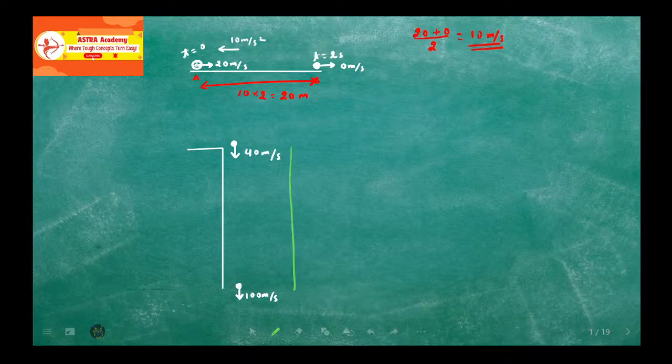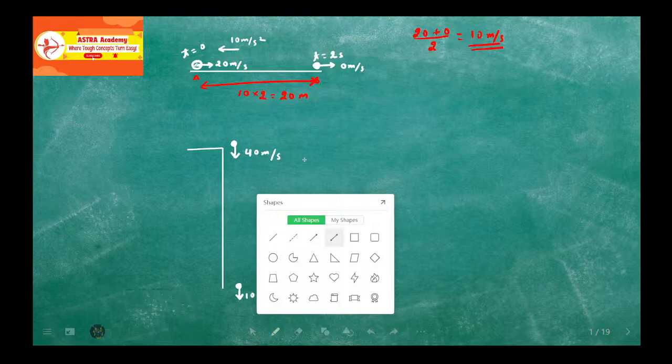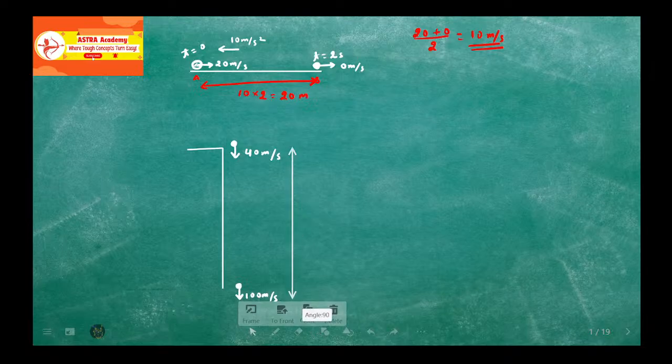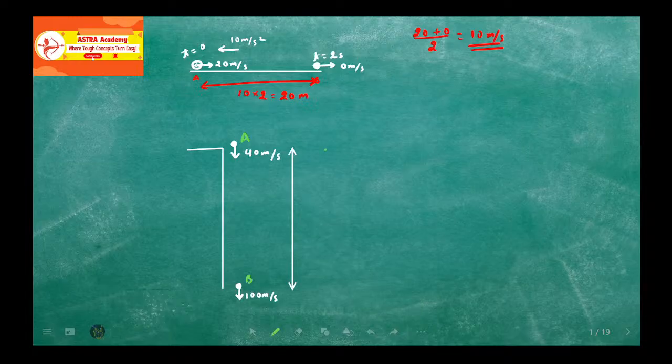It will be simply given by this formula. If the velocity at this point is 40 meter per second, suppose this point be A and this point be B, then the velocity has increased by 60 meter per second.